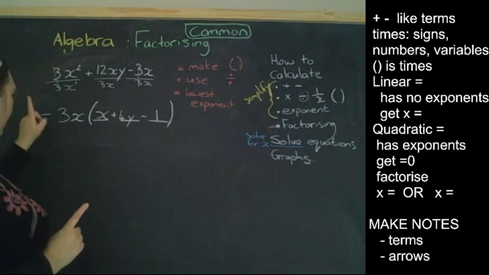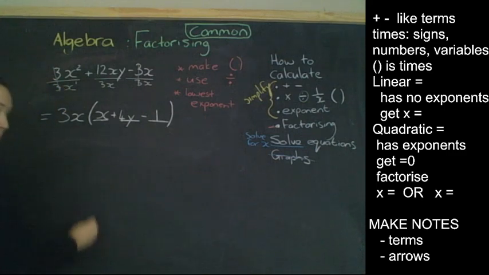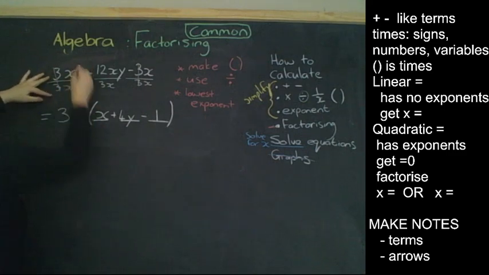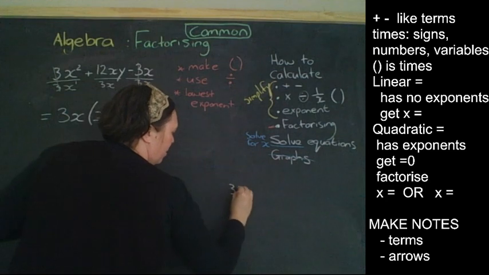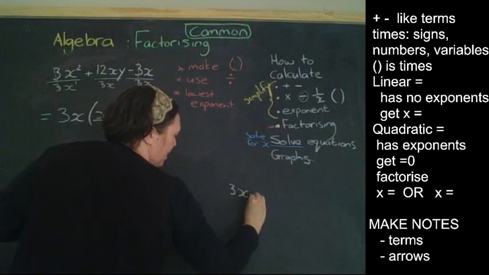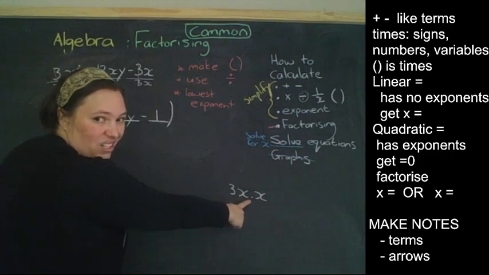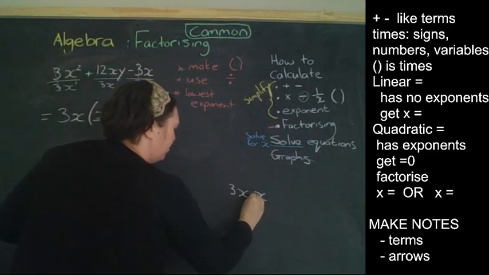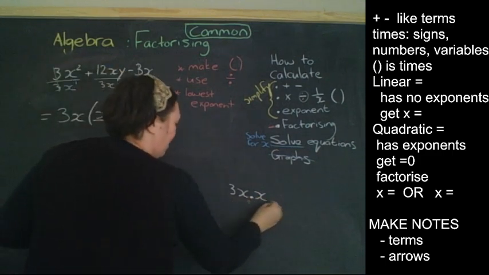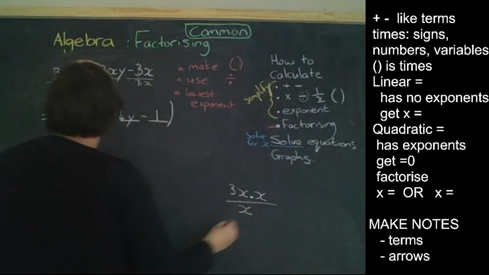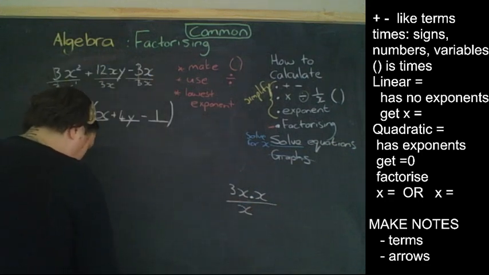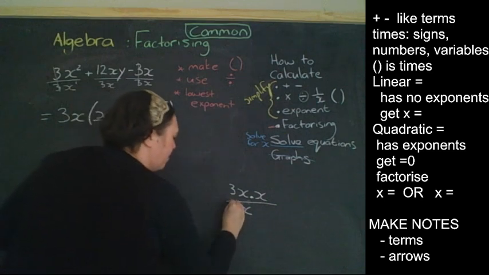So let me just quickly show you something here. Let's just take this one and write it here. 3. So x squared is x times x. Remember I said we can just write a dot. We don't have to actually write a times. And we have divide by x, which means we had a 3x, didn't we?